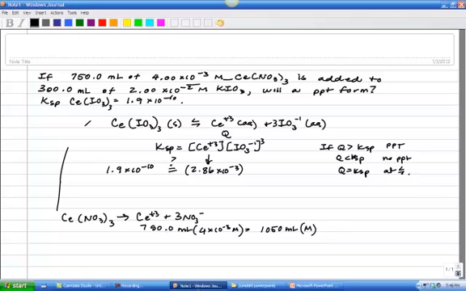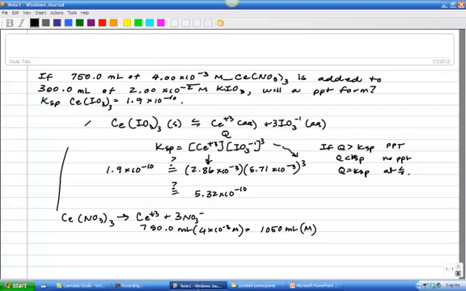I would do the exact thing for iodate. This time I would say 300 times 2 times 10 to the negative 2 equals 1050 M. I would solve, and when I did, I got 5.71 times 10 to the negative 3. Don't forget to bring that 3 down, in this case the cube, because that's going to change the value of Q. When we work it all out, I got 5.32 times 10 to the negative 10.